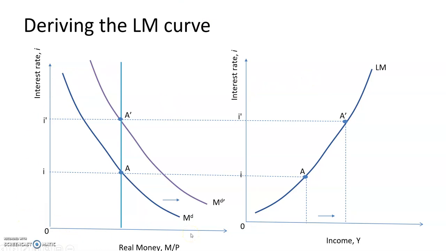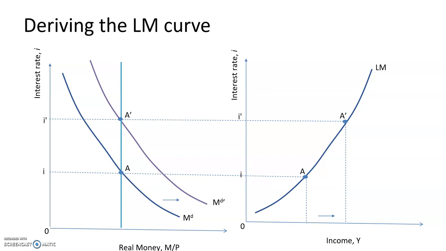Real money supply is given by the vertical line at M over P and is denoted MS. For a given level of real income, Y, real money demand is a decreasing function of the interest rate. It is drawn as the downward sloping curve denoted MD.